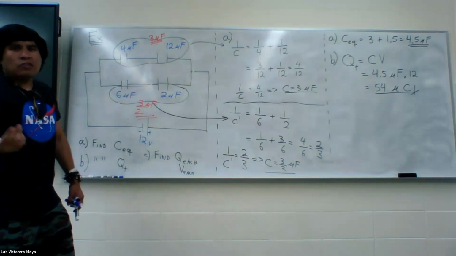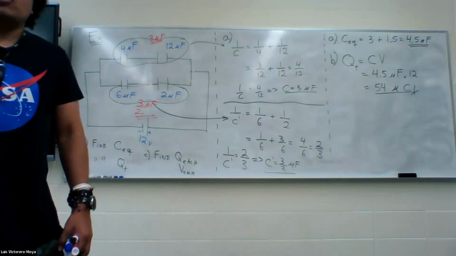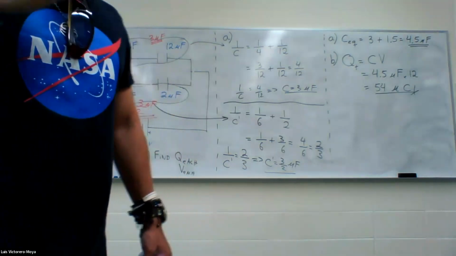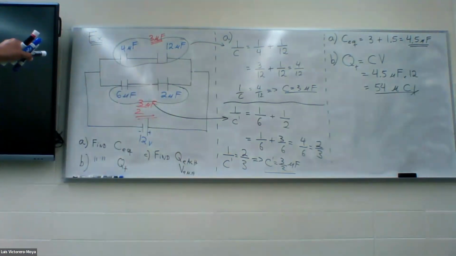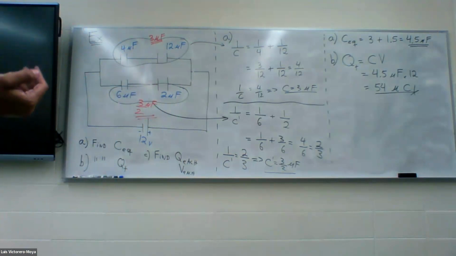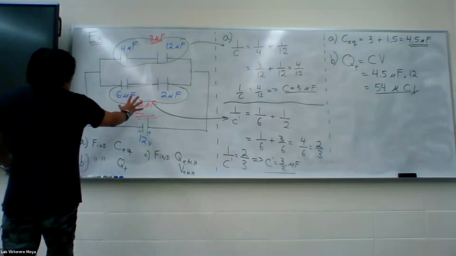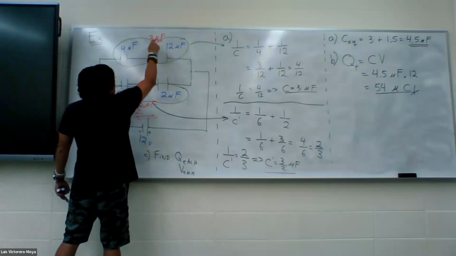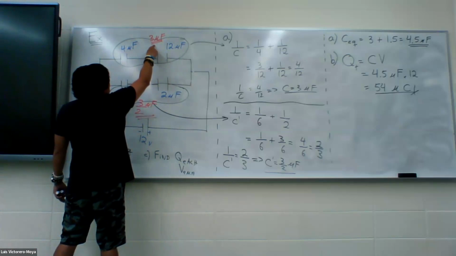But let's take advantage of what we know about voltage. Since 3 and 3.5 are in parallel, then they have the same voltage. So let's forget about this for now. Let's focus on this. The voltage on 3 is 12 volts.